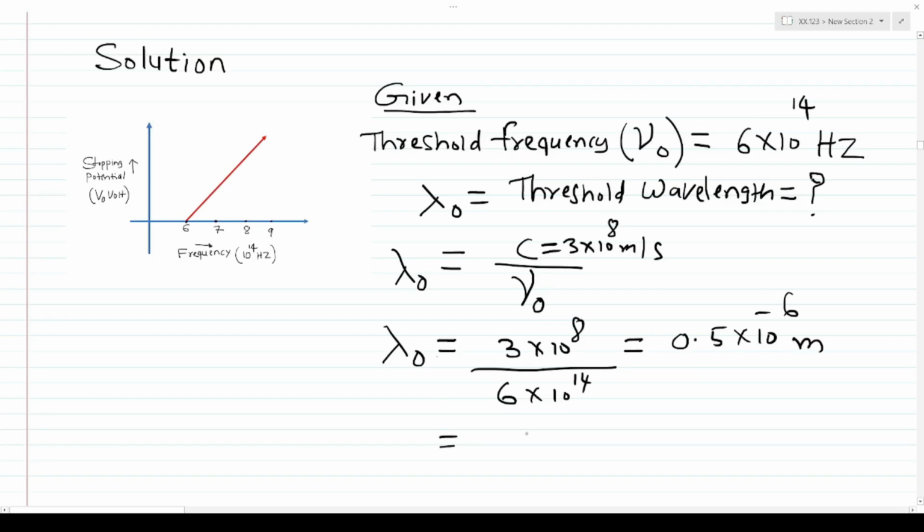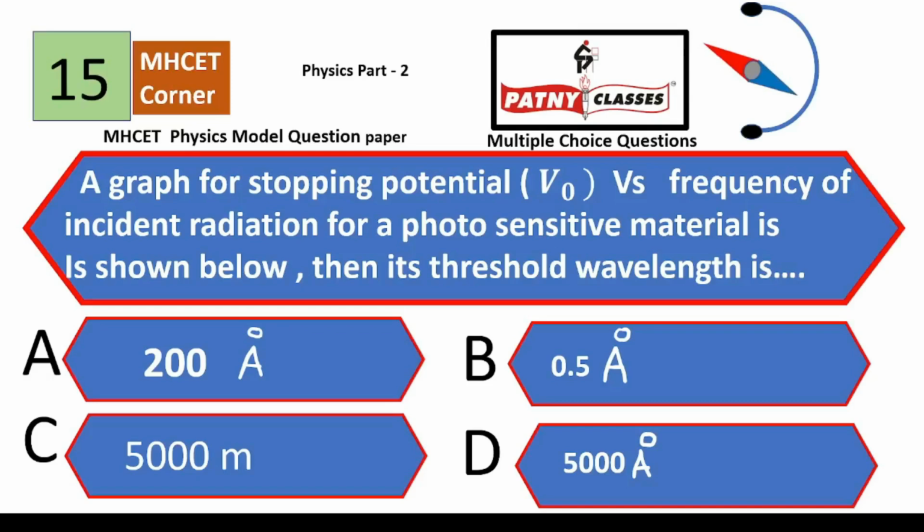Converting into angstrom units, 0.5 into 10 raised to minus 6 upon 10 raised to minus 10 equals 5,000 angstrom units. Therefore threshold wavelength is 5,000 angstrom units. So we lock option D.